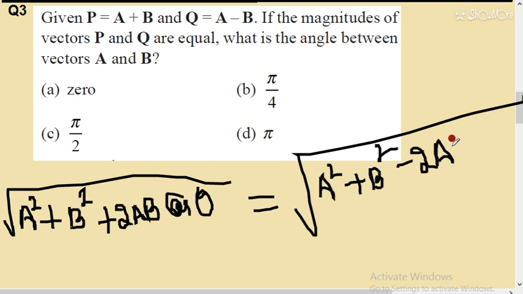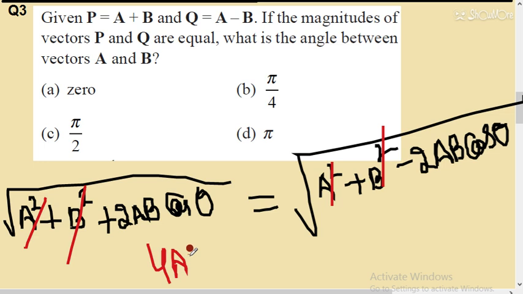So students, you can square both sides. The a square plus b square will cancel out after the squaring, and we are left with 4ab cos theta equal to 0.